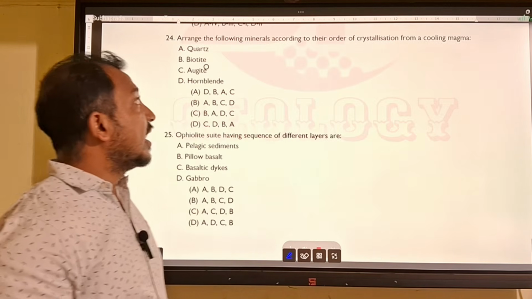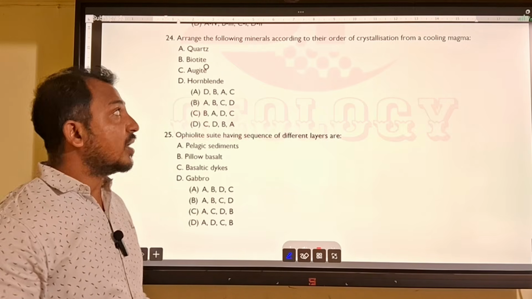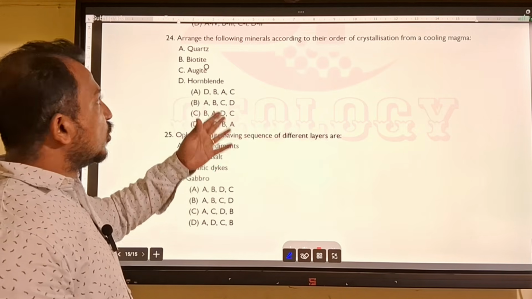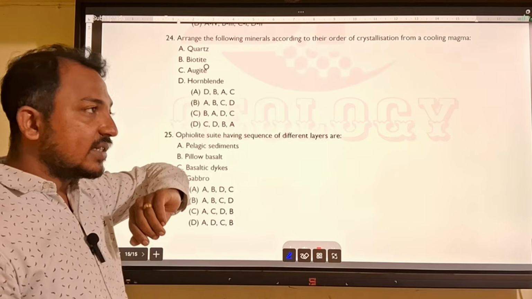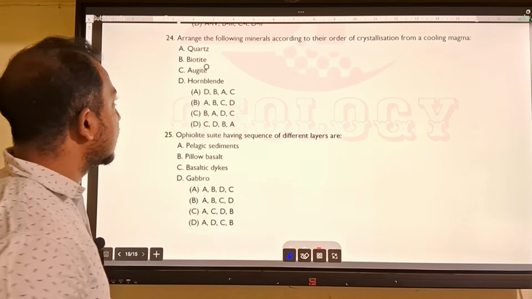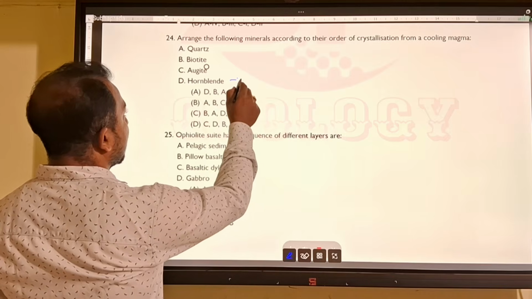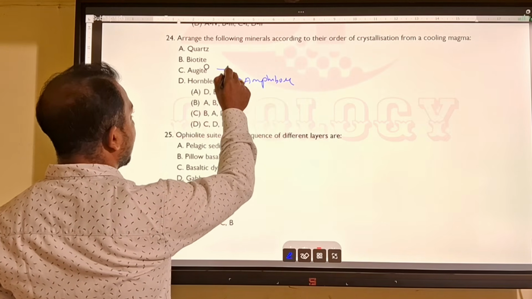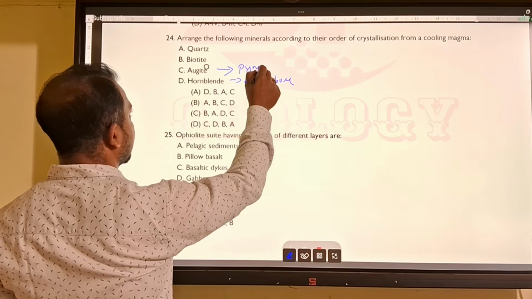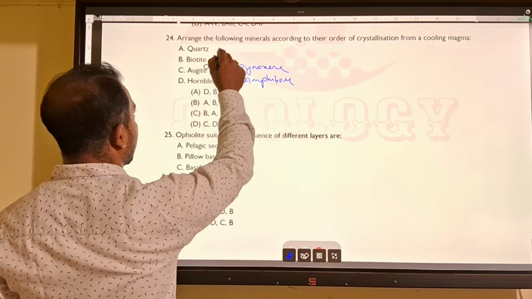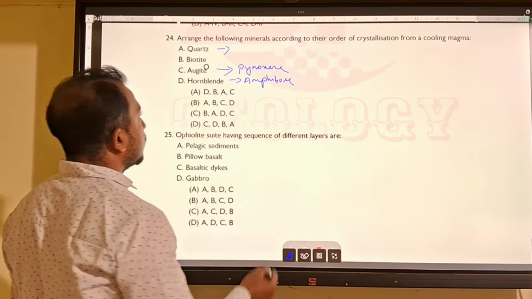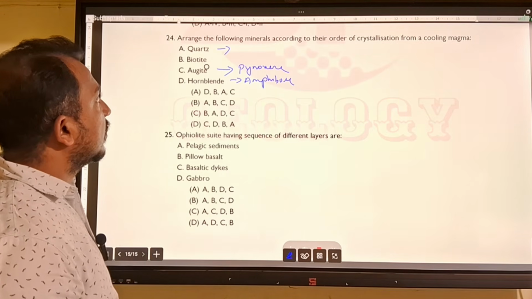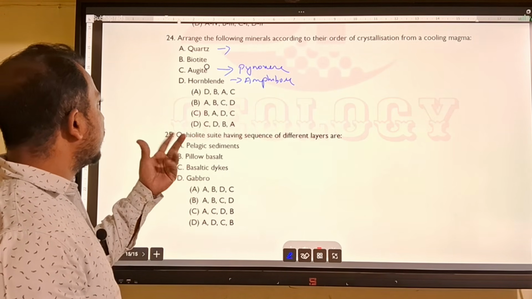Then arrange the following minerals according to their order of crystallization from a cooling magma. This also belongs to the Bowen reaction series. Here, given hornblende, it is amphibole. Augite, it is pyroxene. Then quartz. First would be olivine, but there is no olivine here.